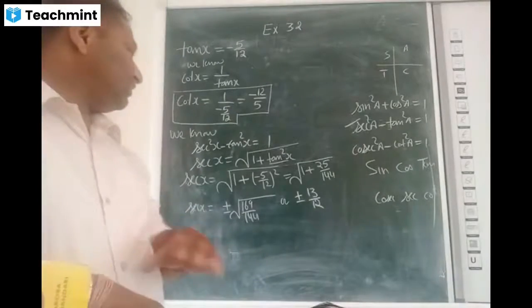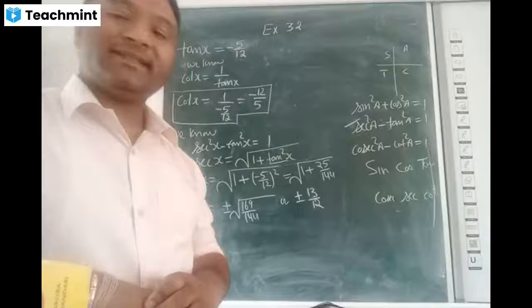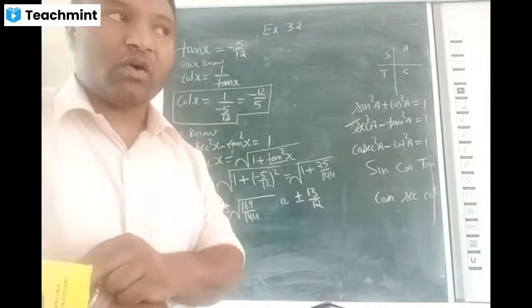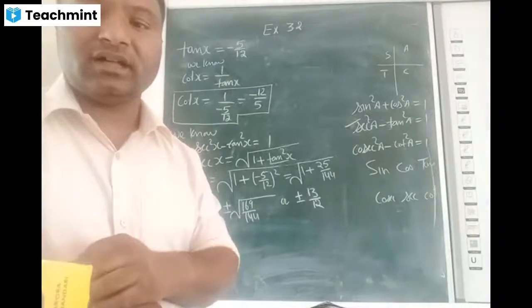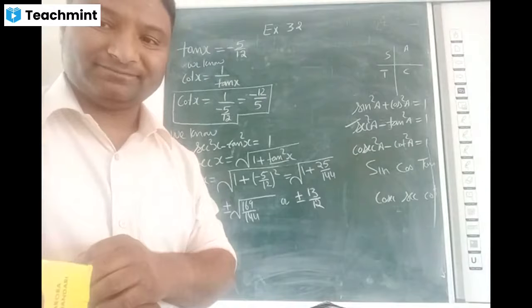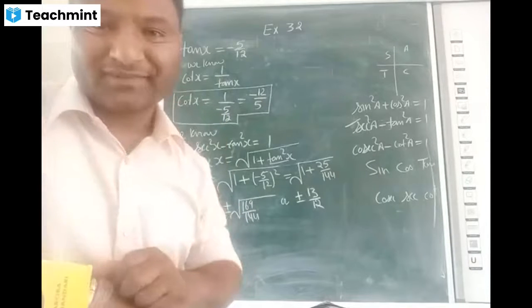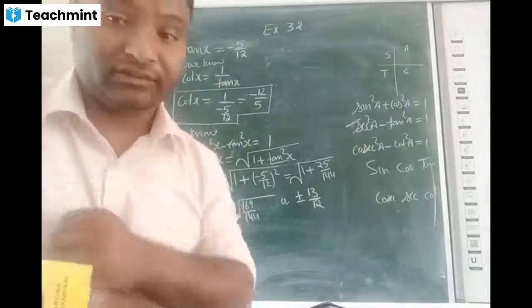So from here the value of secant x is giving two values. One is plus and one is minus. Two values. But we want only one value.